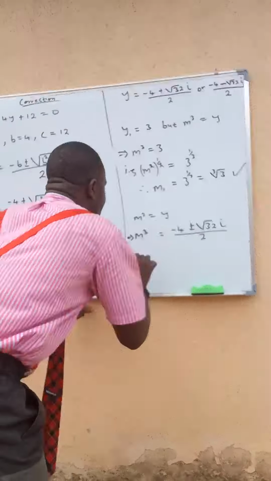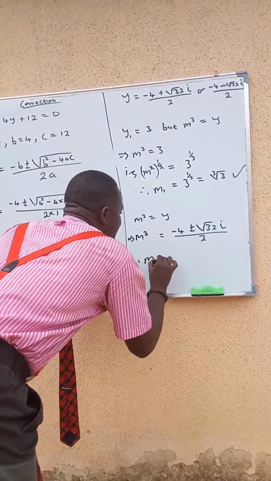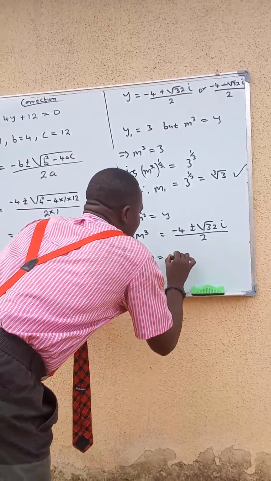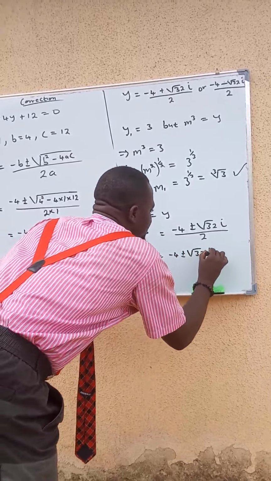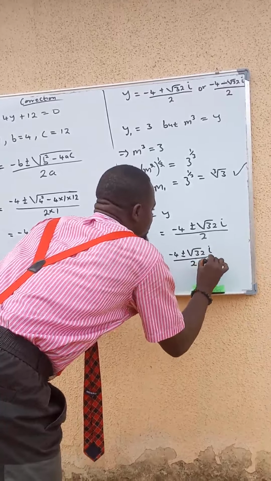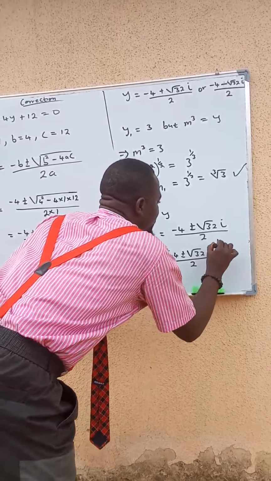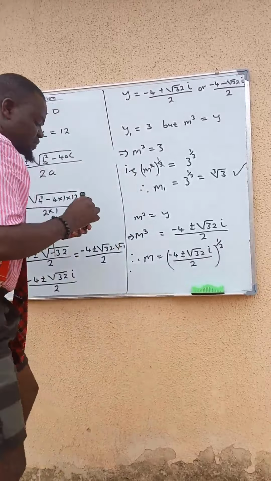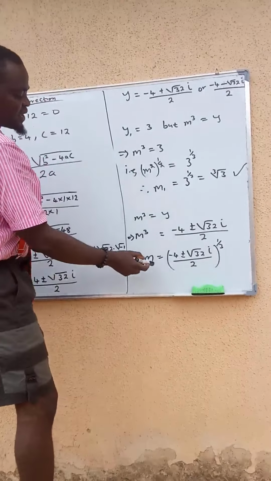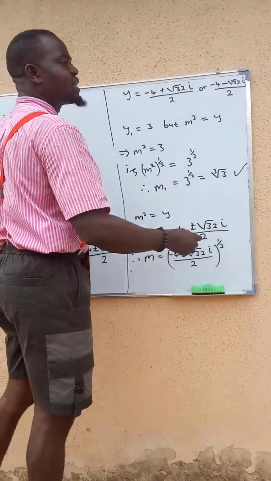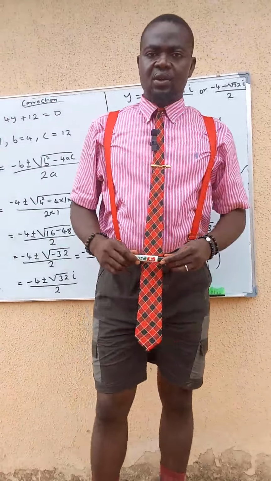So if that is the case, therefore my m is equal to minus 4 plus or minus the square root of 32i over 2, all raised to the power of 1 over 3. So this is the one we are taking. This can be m2, but this is the one we are taking, the positive number.